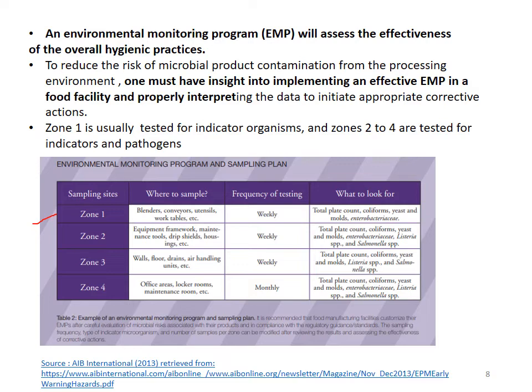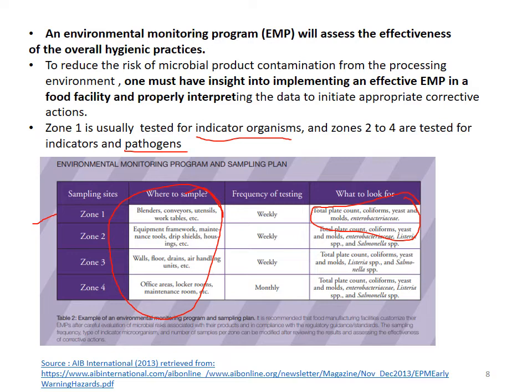So what you can do is you conduct microbiological tests on these surfaces that are available in zones 1, 2, 3 and 4. And the microbial tests that are usually conducted are for the indicator microorganisms and also for the pathogens. Indicator microorganisms, for example here, are the total plate count, the coliform, yeast, mold and enterobacteriaceae.